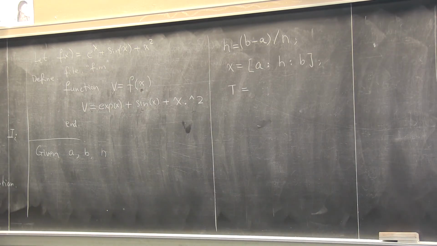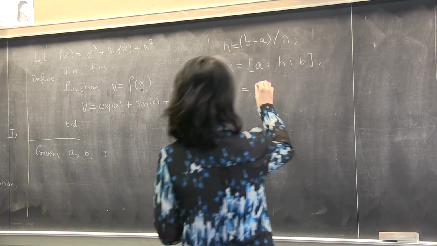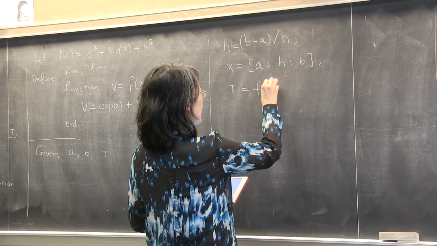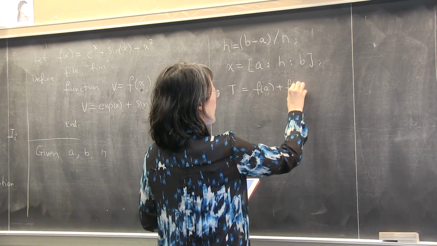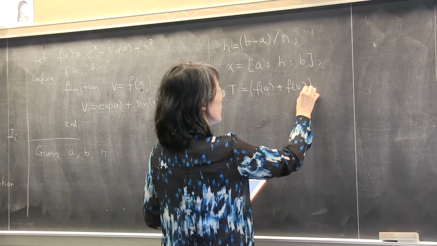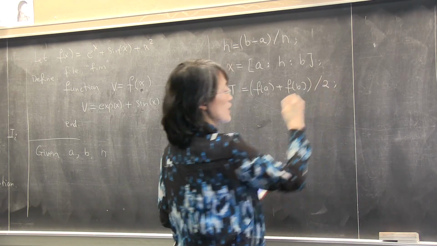So look here. The first step, the t will be computed as the value in this bracket. So I will send this to t first, and then I do a for loop to sum these up. Is that clear? So this will be f at A plus f at B over 2. That's outside, right?